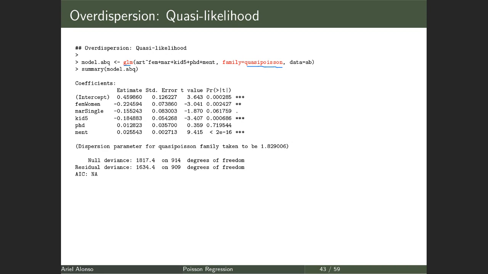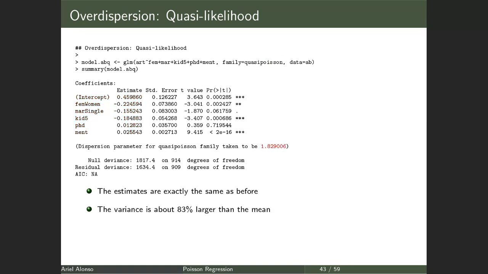But I mentioned it already here, and in the next lecture we are going to see this a little bit more formally. Here you get exactly the same point estimates, because essentially it's the same score function as when you use Poisson. But you see now, for instance, this over dispersion parameter, which in the Poisson model is psi, should be equal to 1. When you use the quasi-likelihood, you get an estimate that is clearly larger than 1, 1.83 more or less.